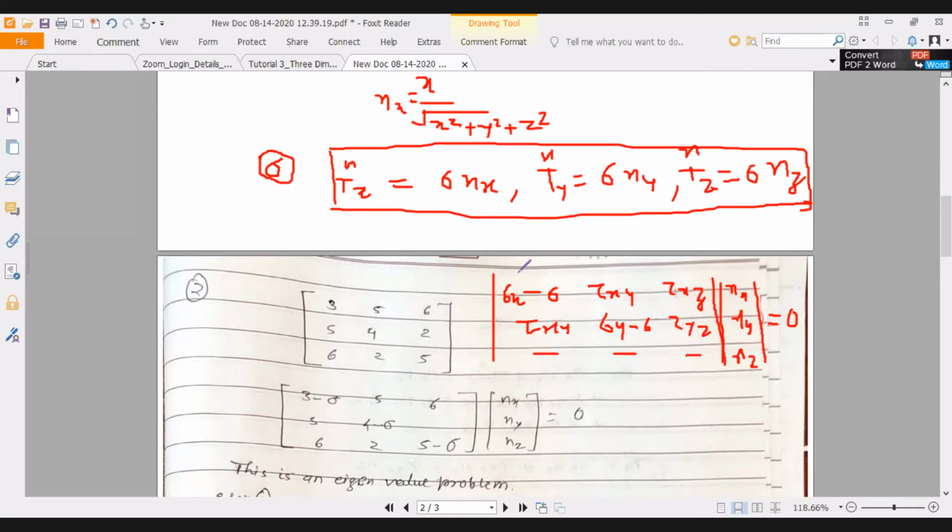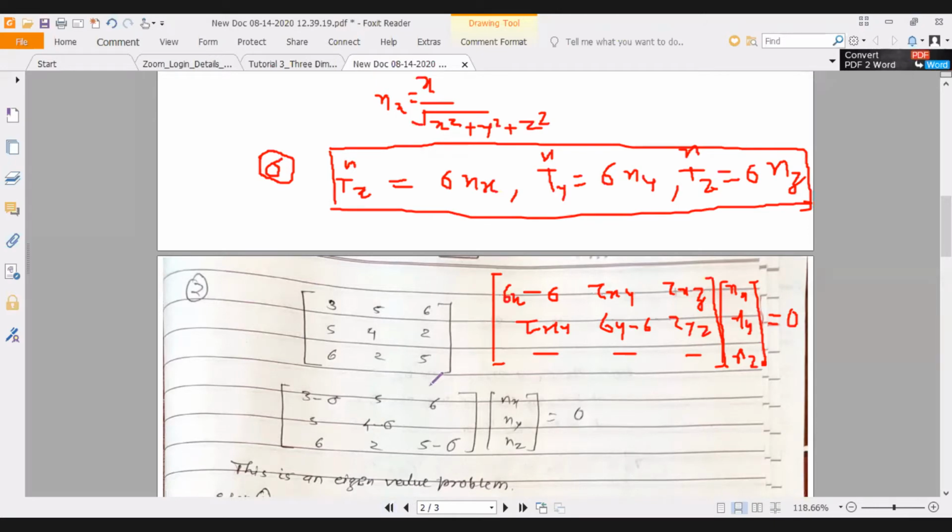This is matrix form. So for the non-trivial solution of this equation, the determinant of this coefficient matrix should be equal to 0.